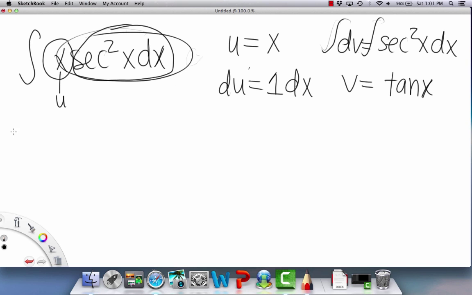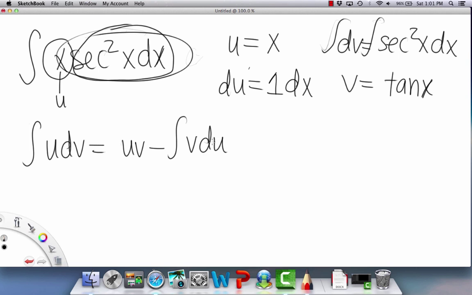So now, ignore those integral signs. So our formula says that what we're given, so the integral of u dv, right, is equal to u times v minus the integral of v du. Okay, so now we just plug in our values. So u is x, so x times v, which is tangent x, minus, and then we have an integral sign.